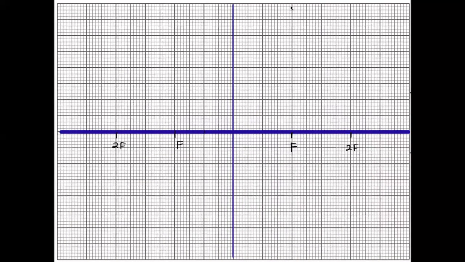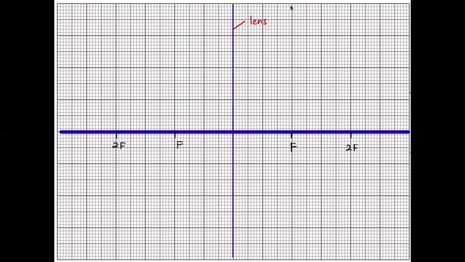All you need to do is, at first you draw the vertical line and also the horizontal line. The vertical line indicates the lens. Then just put F and then 2F.